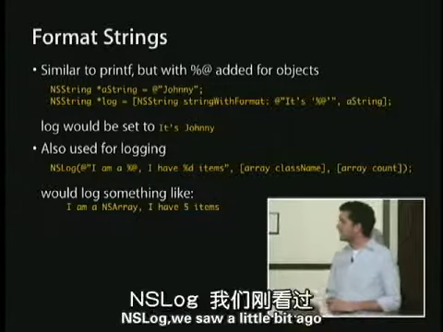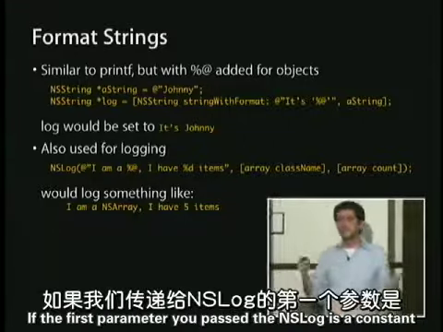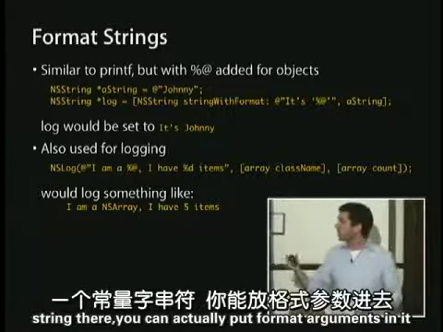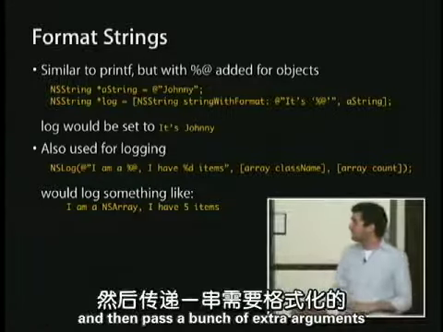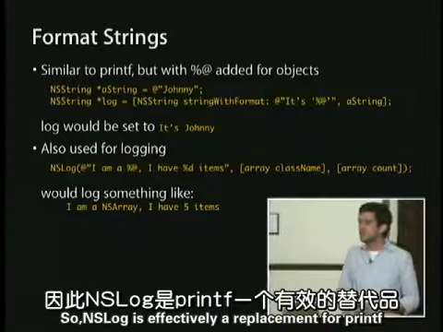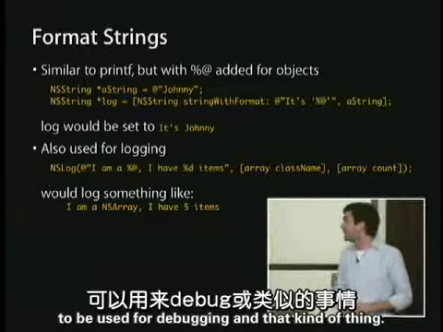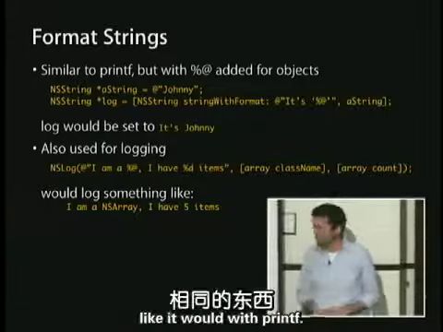You can also use that for logging. NSLog, we saw a little bit ago, but we only passed it one parameter. If the first parameter you pass to NSLog is a constant string, you can actually put format arguments in it and then pass a bunch of extra arguments to be formatted in there. So NSLog is effectively a replacement for printf to be used for debugging and that kind of thing. And that's just going to log out something that's been formatted just like it would with printf.